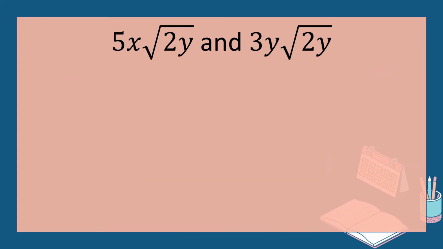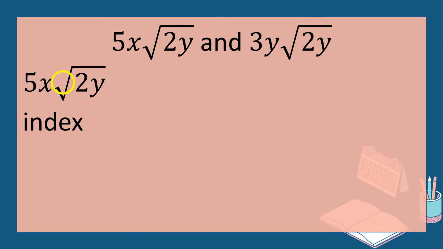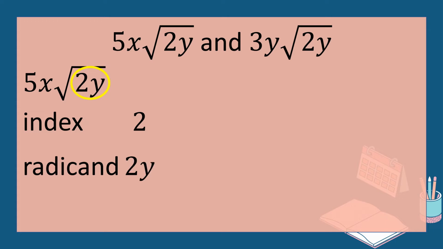Next, we have 5x square root of 2y and 3y square root of 2y. For our first given radical expression, our index is equal to 2. For our radicand, it is equal to 2y.